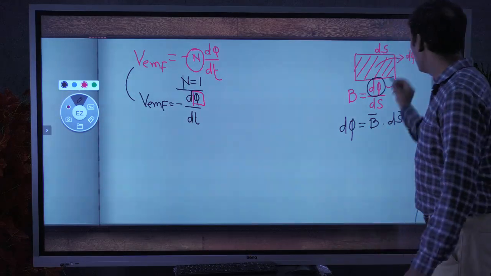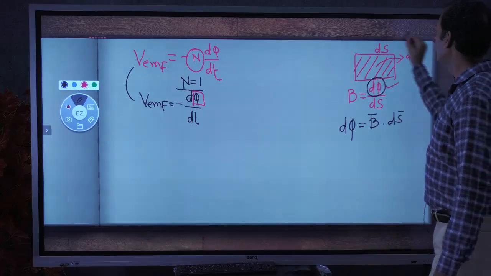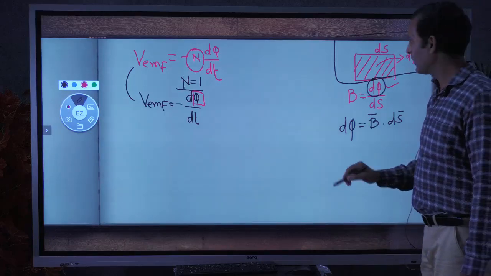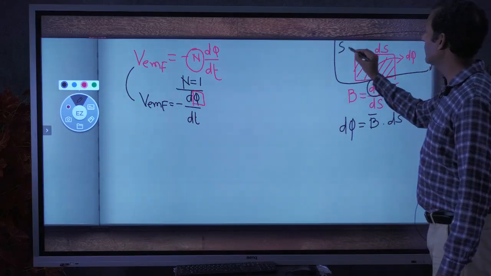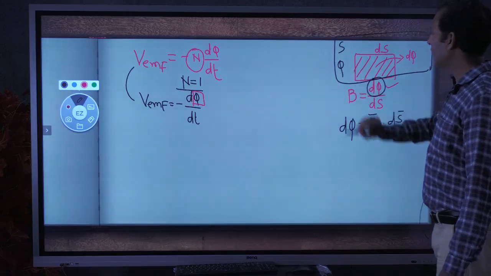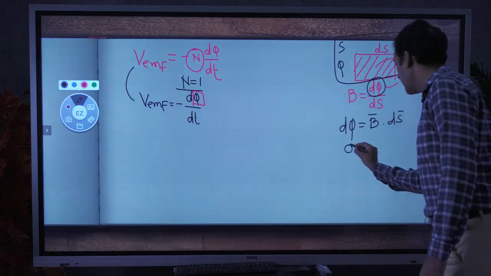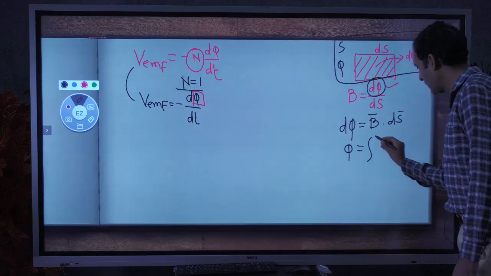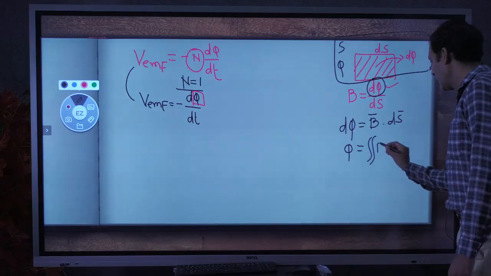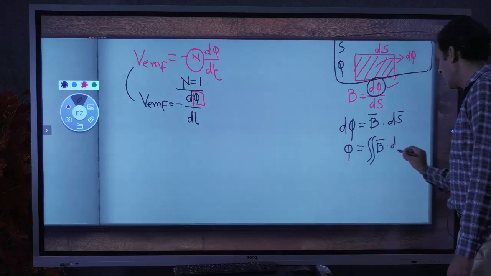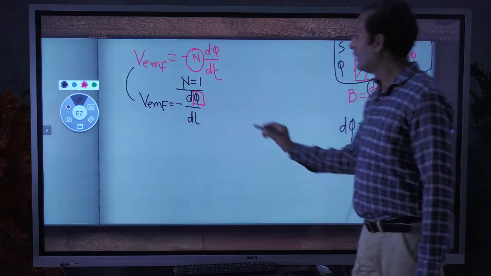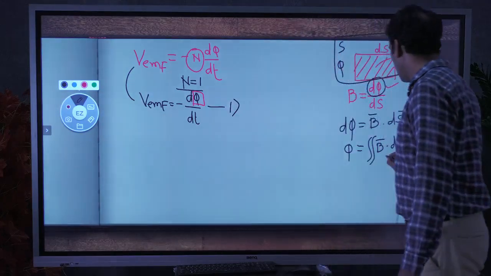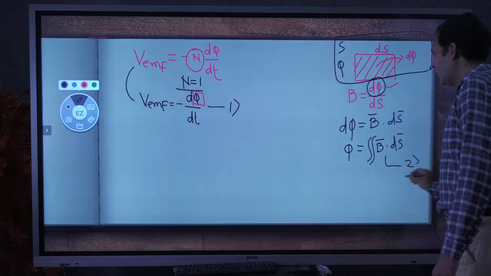Now if we want to find the whole flux due to the bigger surface of which this small differential surface may be a part, then for the entire surface S where there is entire flux phi, we can take the integration of the right-hand side. As it is a differential surface, it will be a double integral of B bar dot ds bar. Let us call it equation 1 and this equation 2.